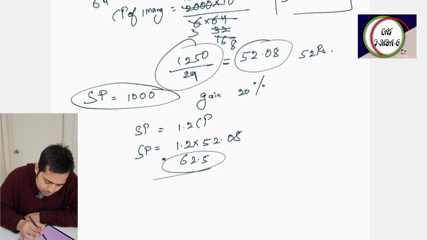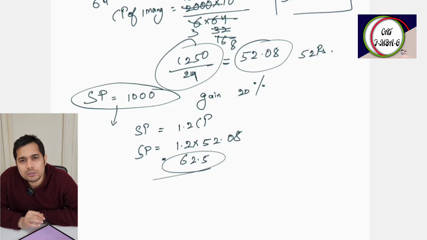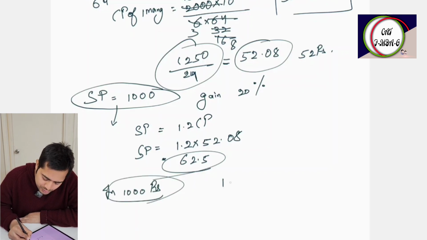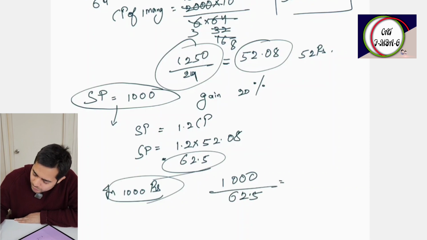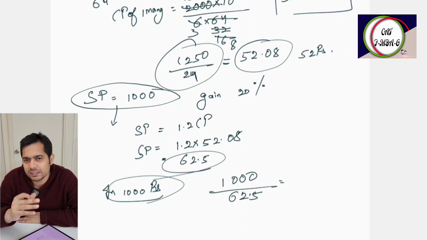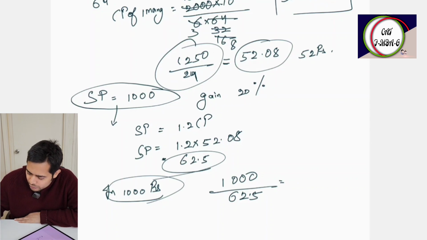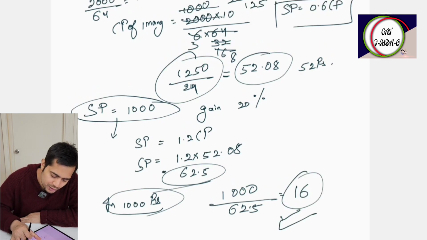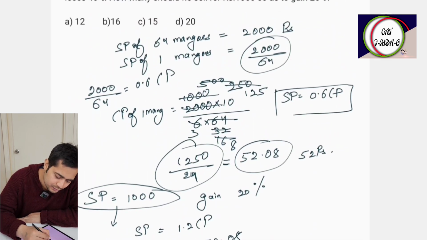Now he has a maximum selling price of just 1000 rupees. So in 1000 rupees, how many mangoes will he be able to sell? 1000 divided by 62.5 equals, you can take the help of a calculator. An on-screen calculator will be there in CAT questions, so don't worry. This comes to be exactly 16, so your answer will be 16.